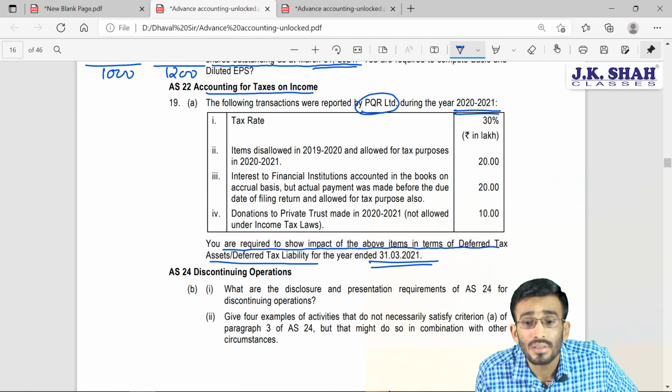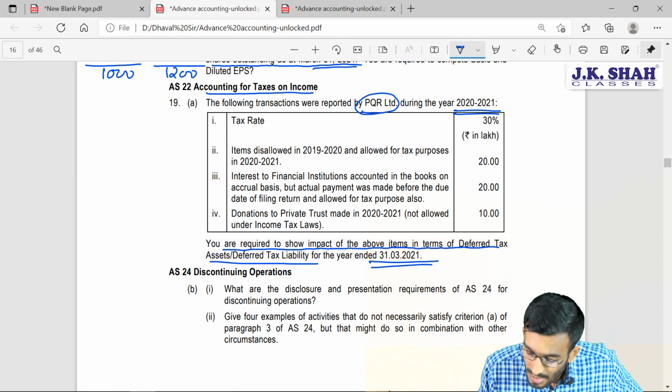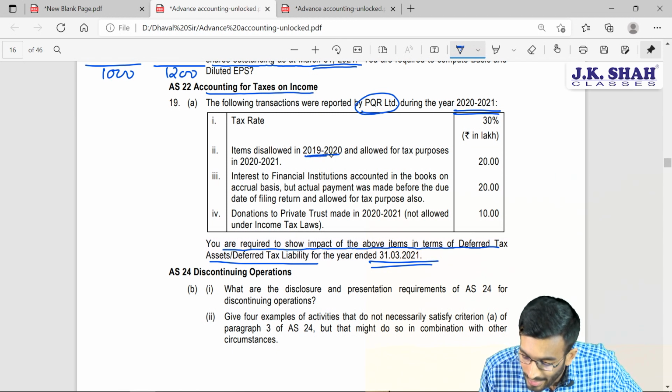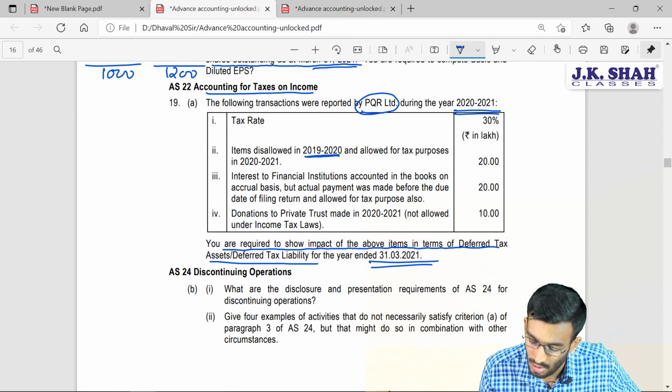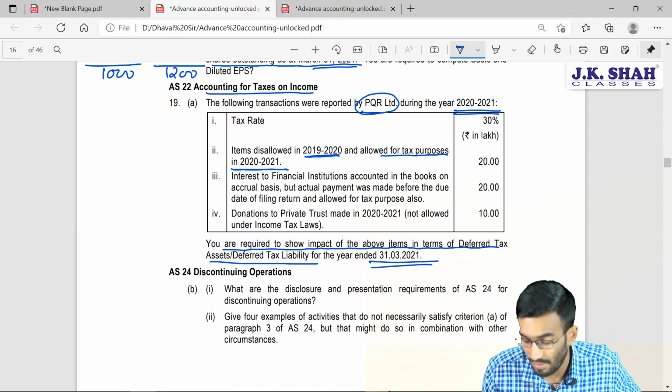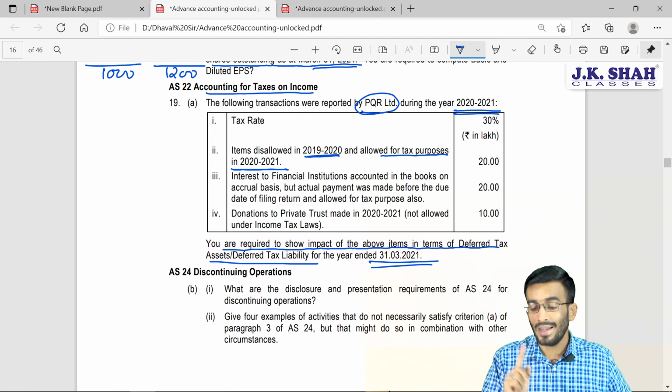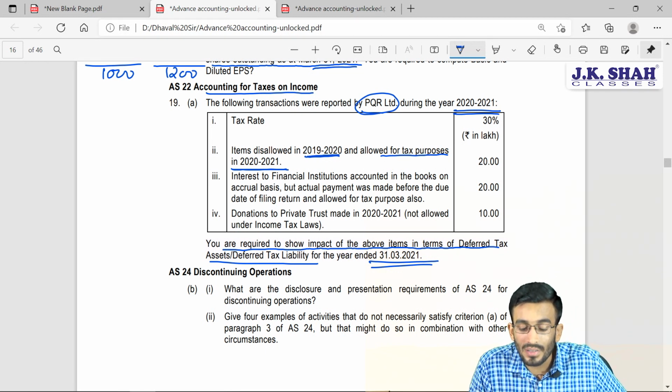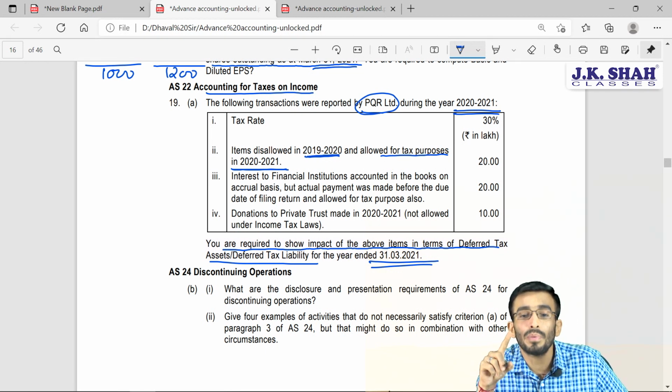Tax rate is 30%. Items disallowed in 1920 and allowed for tax purposes in 2021. It means as per the Income Tax Act, in the previous year items were disallowed.